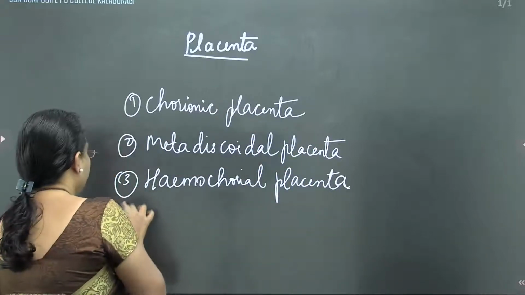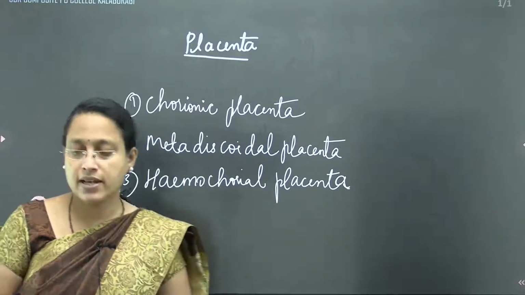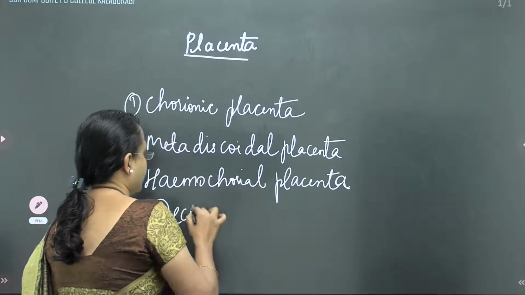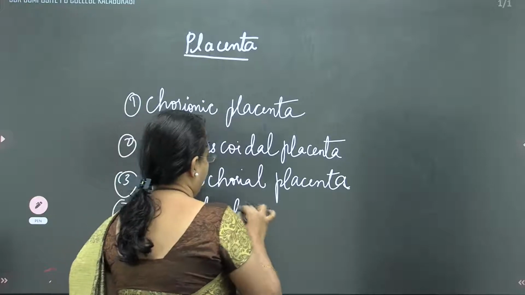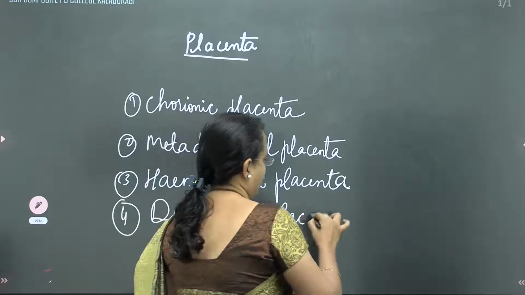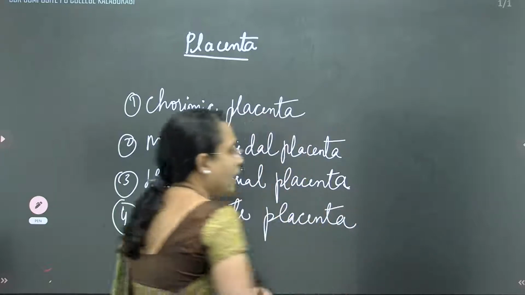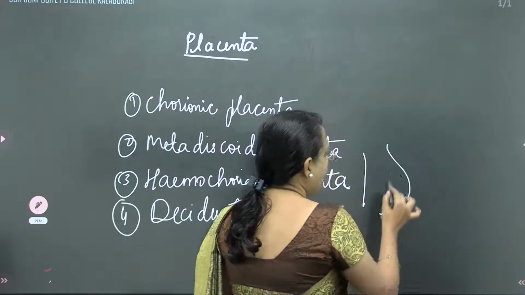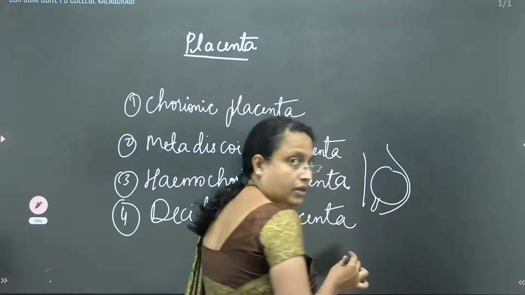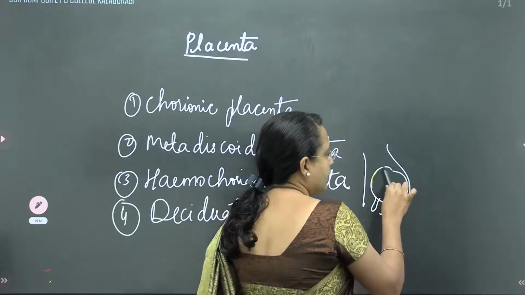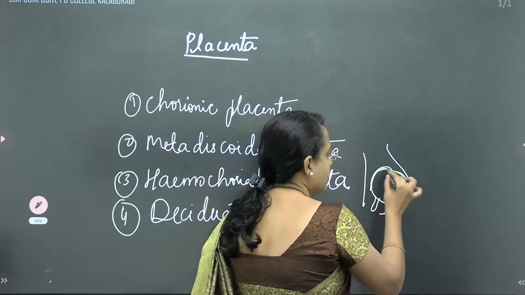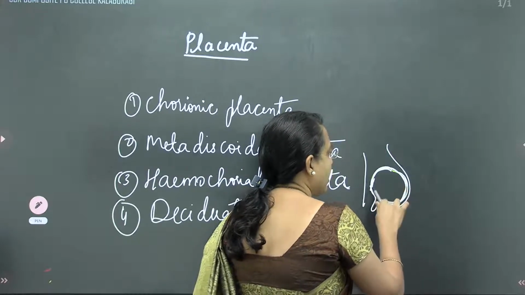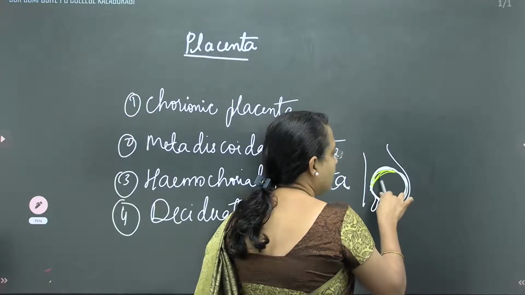So fourth one, how it is described, human placenta is deciduate placenta. Now what is deciduate placenta? If you consider this is the womb here, so it will have the decidua part. Say this is the decidual part, because placenta is contributed by decidual part, and therefore this is say the fetal part.